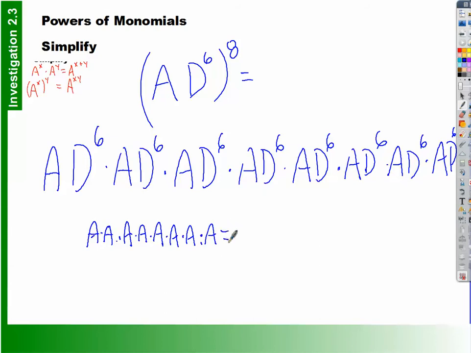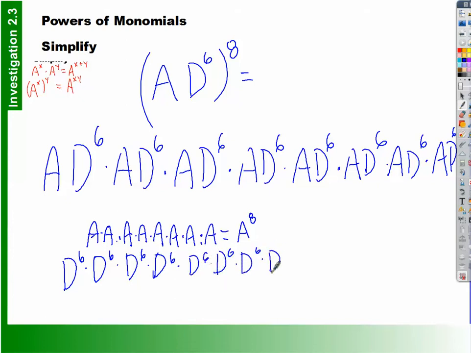So a times a times a, 8 times, is going to be a to the 8th. So let's take a look at our d's. We have d to the 6th times d to the 6th, and so on. I believe that's 8 of them. So in this case, what do you do with the exponents? Add them. So Henry, how many d to the what power do I have?